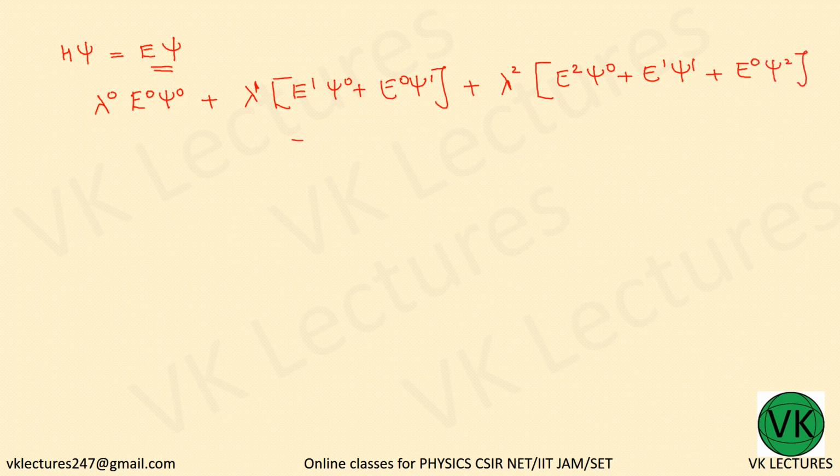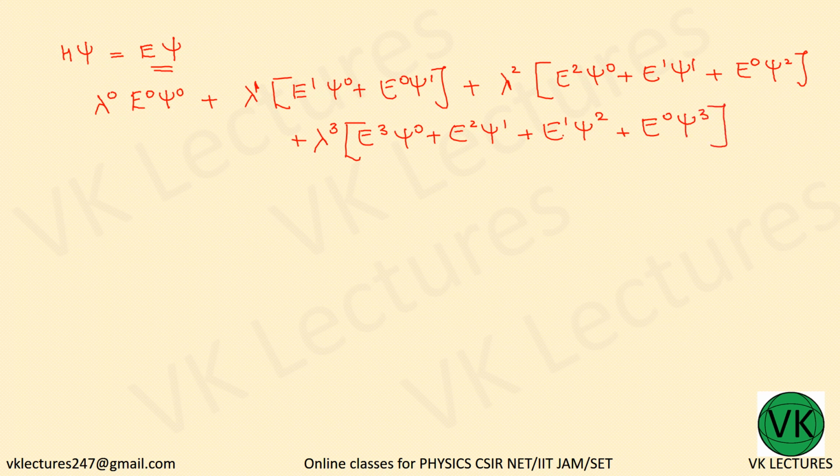Now for clarification, lambda cube, the third order: E3 psi naught plus E2 psi 1 plus E1 psi 2 plus E naught psi 3.